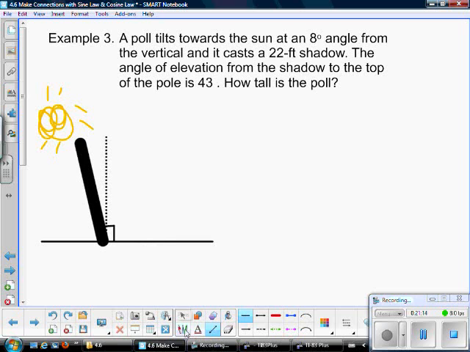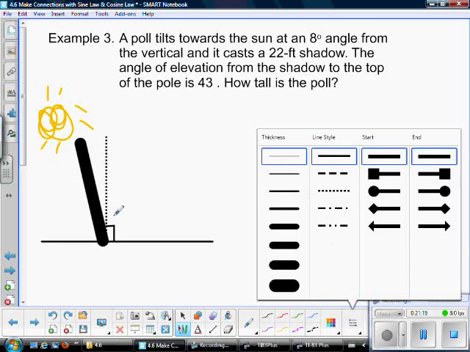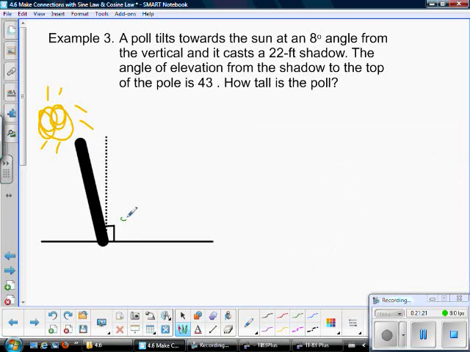So in our diagram, we have obviously our 90 degrees, and this little location here is going to be 8. So that's 8 degrees, and that is 90. We could figure that all out, but I'm not sure if we need it. The angle of elevation from the shadow to the top of the pole.